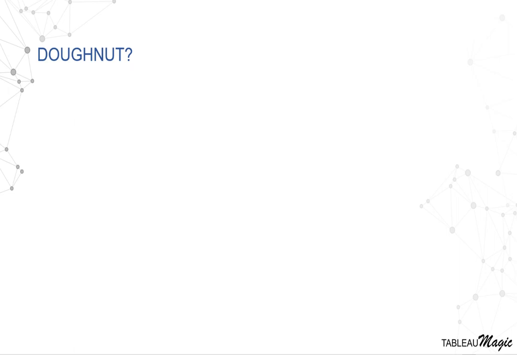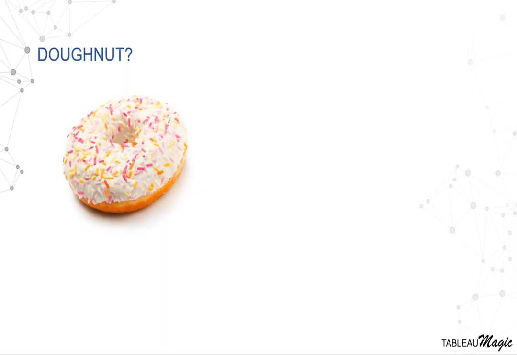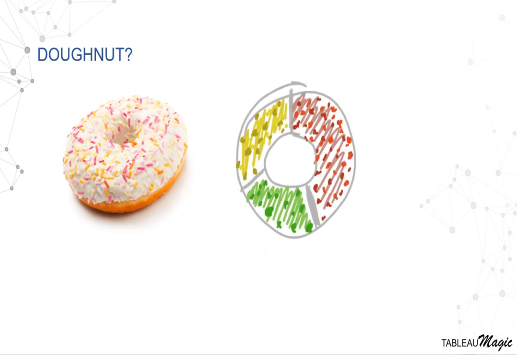What about donuts? We all know how to do donut charts in Tableau, but what about this type of donut chart? As you can see, you have a donut. Trust me, this looks yummy. And then you have sprinkles on top. So what happens if we sketch this out? What could this actually represent? Well, we have a typical donut that can represent based on the size of the segment. So larger red, medium green, and some form of yellow.